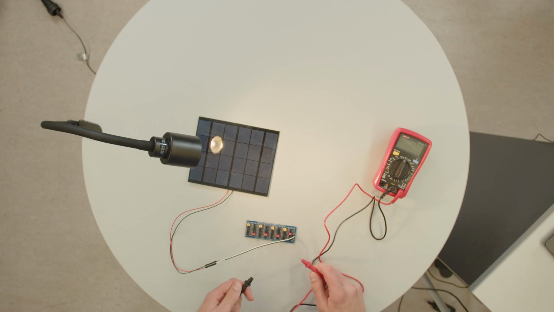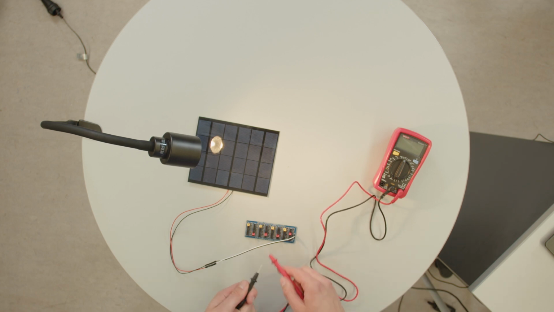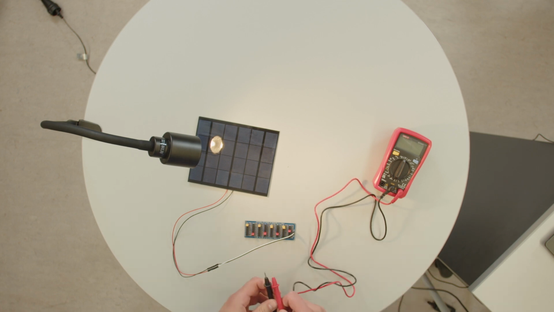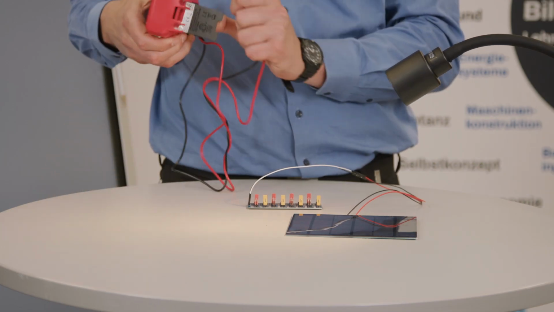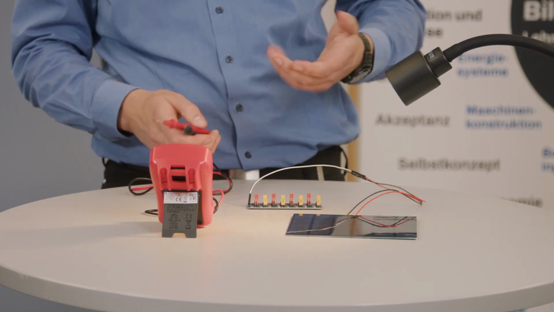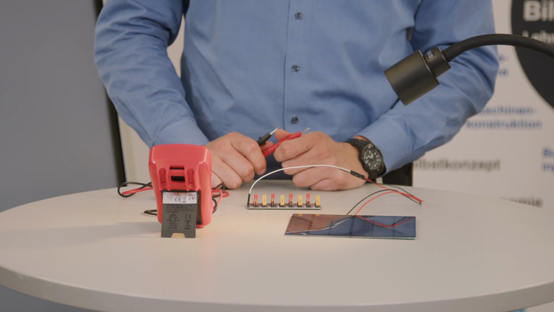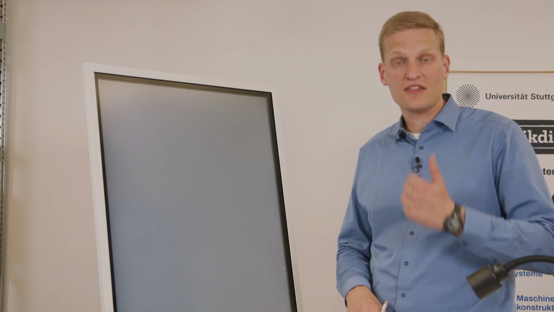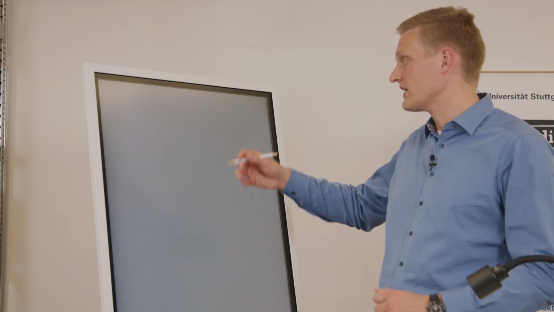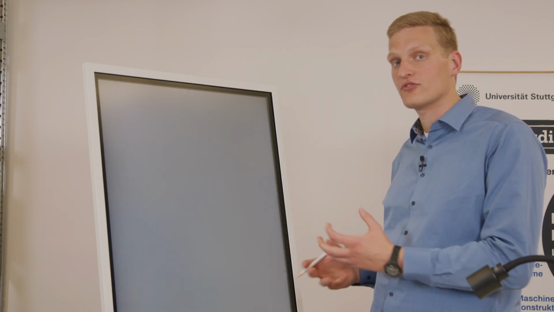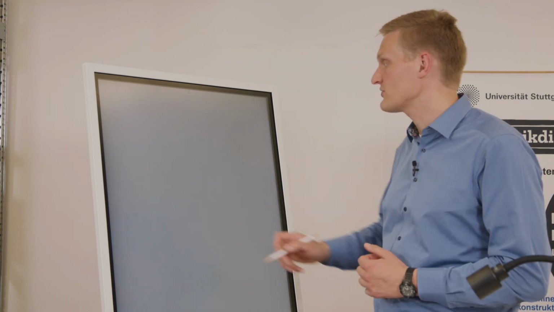It's enough if we measure either voltage or current, because we have the resistor value and the measurement we're taking, meaning voltage or current, and therefore we can calculate the output power of the PV panel. If we have collected all the data we need, meaning the output power of the PV panel and our resistance, then we can evaluate these data and come up with a final graph to display our results.